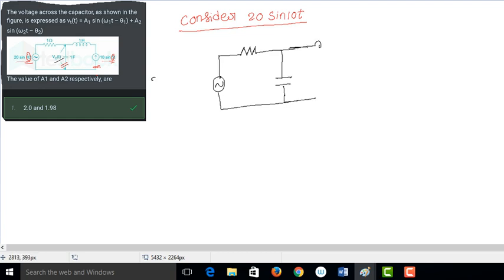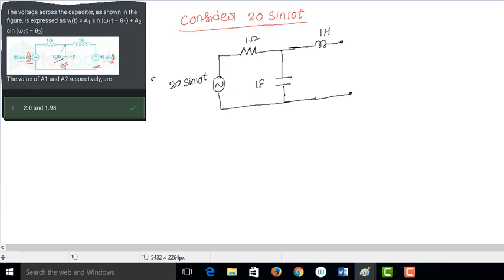This inductor is there, and the other source is a current source. How can we deactivate the current source? By an open circuit. So we do this open circuit, and this is 20 sine 10t, and this is 1 H, and they have given this as 1 farad.